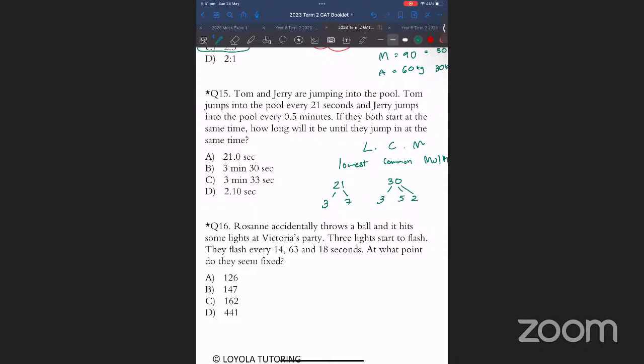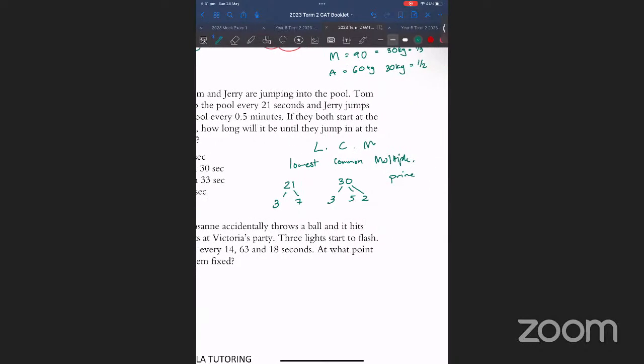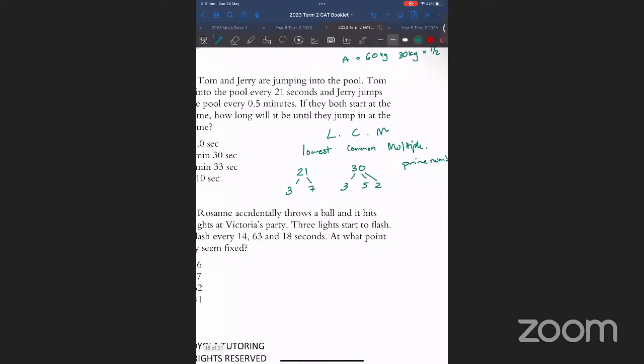Now, why didn't I choose 3 multiplied by 10? Because to do this method, you need to have all of them in prime numbers. So write that down, prime numbers. So now what do we do? To find the lowest common multiple, we essentially multiply all of these together. But here's the catch. We don't include the ones that have been mentioned twice. So here, we have 3 included twice.